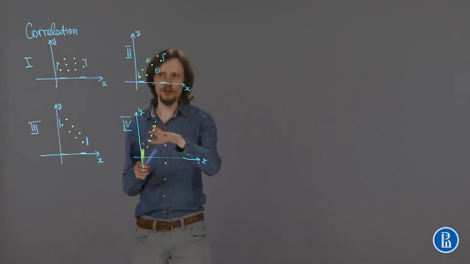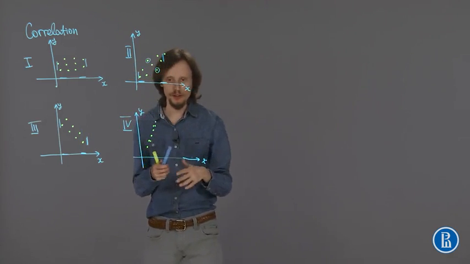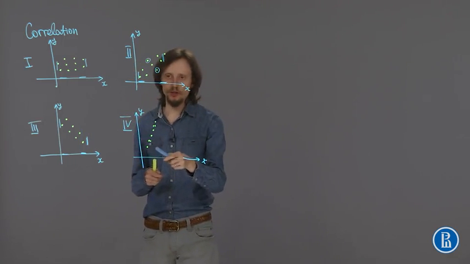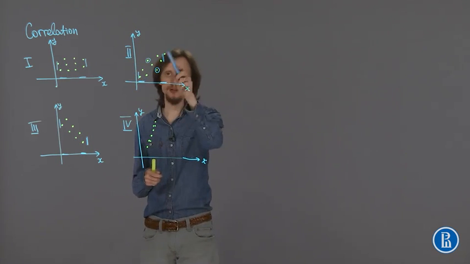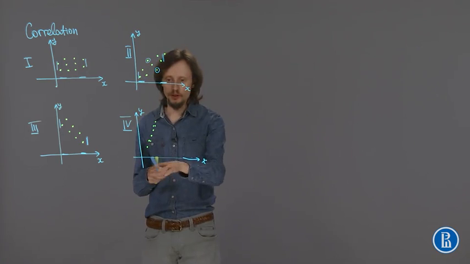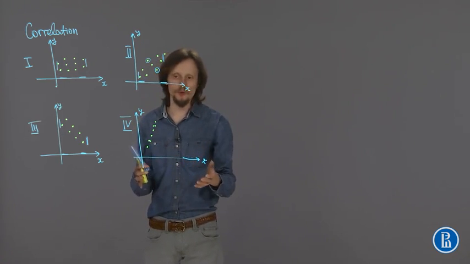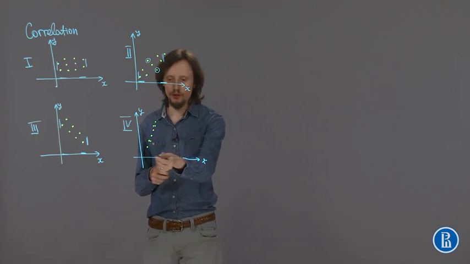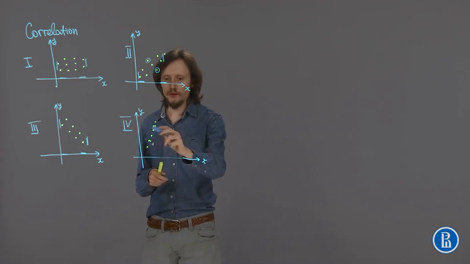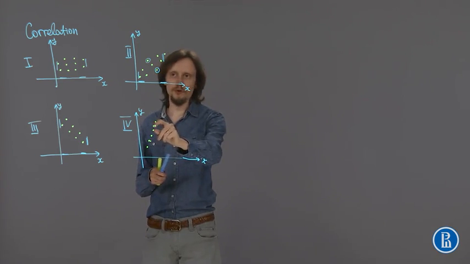Now, let us discuss this picture and this picture. We see that on both pictures there is a positive correlation between x and y. But we also see that here this correlation is in a sense more straightforward. For given x, the range of possible values of y is rather small.